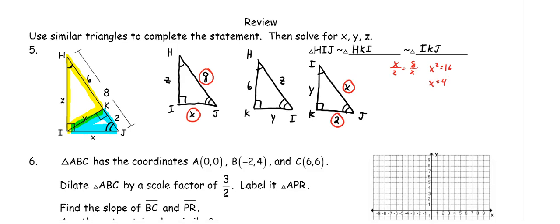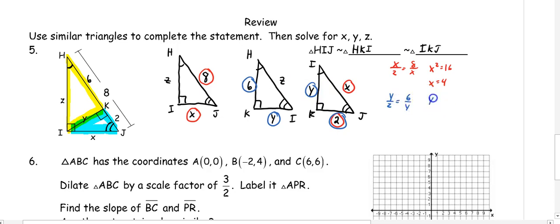To solve for y, the second and the third triangles both have y. So we would have y over 2 equals 6 over y. Y squared is equal to 12, so y is the square root of 12, which simplifies to 2 root 3.